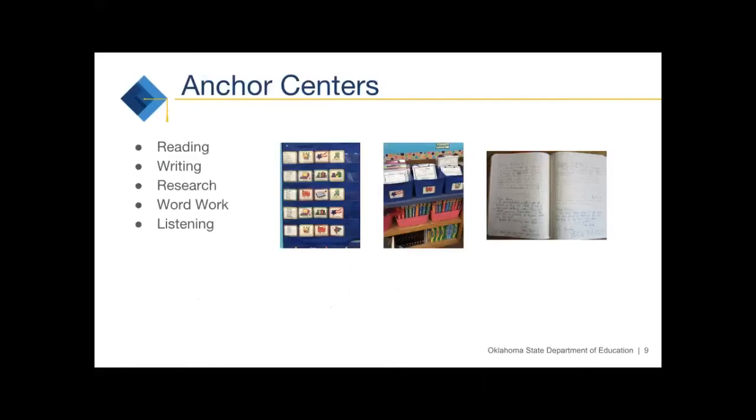In 4th grade, students could use atlases in the research center or the reading center, either one, and work independently or in pairs to make a brochure of the current region of the United States they are studying. For science, books could be put out for students to learn about life cycles of different animals, and then they could make a comic strip detailing the life cycle of, let's say, a butterfly.